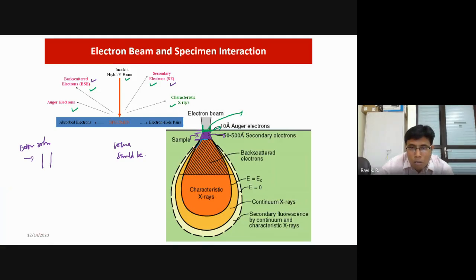So the BSE region is larger, while the secondary electron has a smaller interaction volume and, relatively, comes from the top of the surface. That means it is going to have a better resolution.